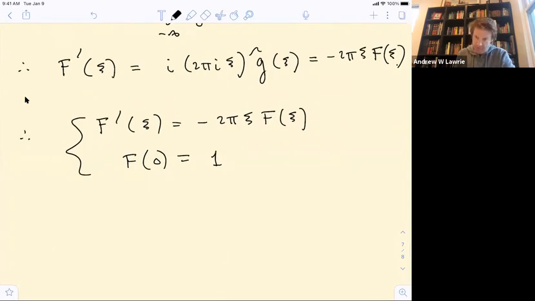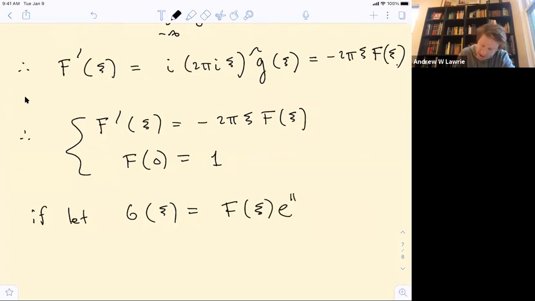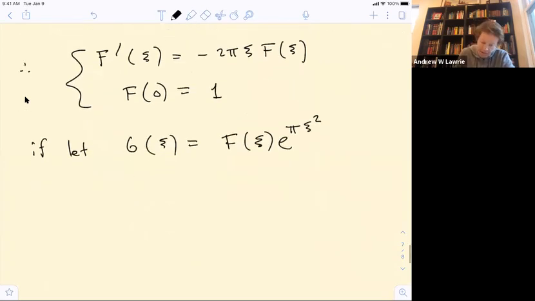Okay, so how do I solve this ODE? Well, I can find an integrating factor. If I let g of c be equal to F of c times e to the pi c squared, then g prime of c is just equal to 0.